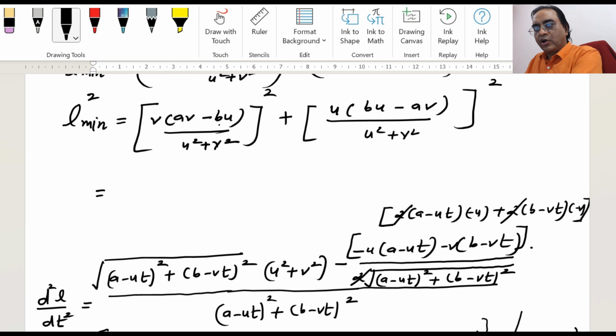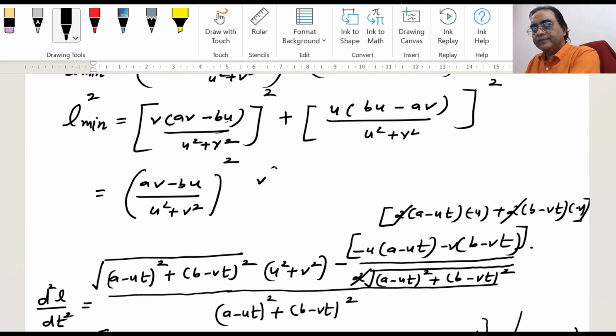This can be taken common. This can be taken common. Then we have got v square and we have got u square.